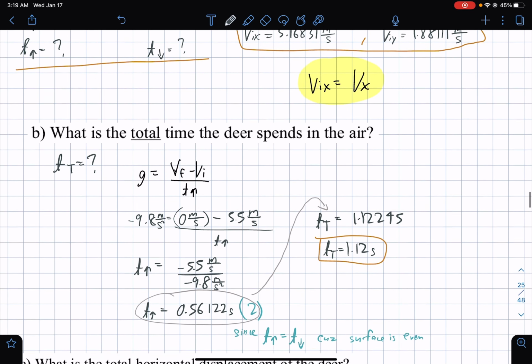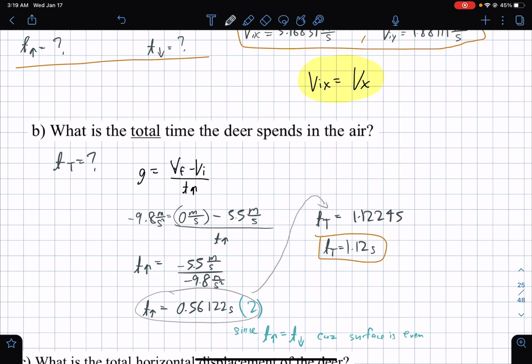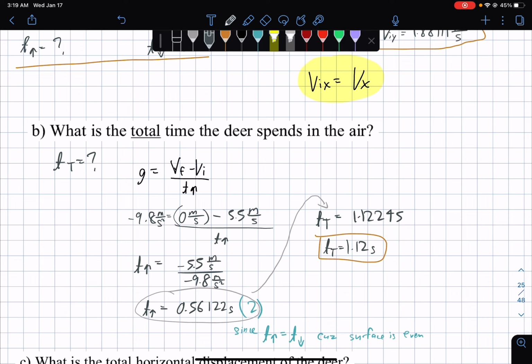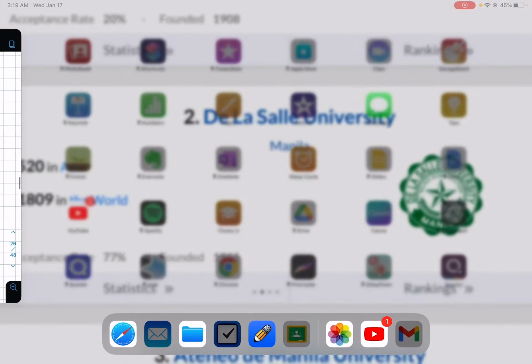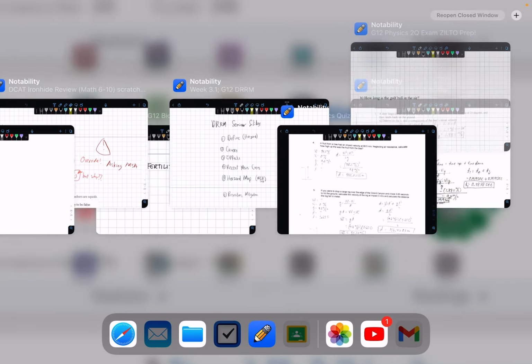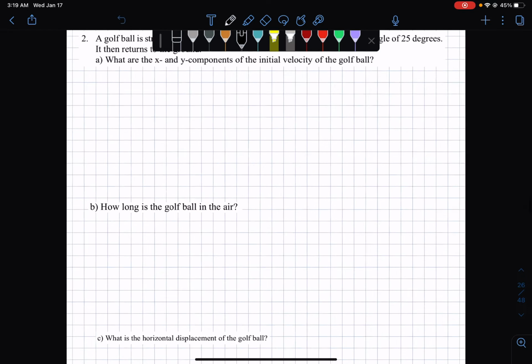Apparently there's a difference between VI and VIY. For some reason, we don't use VI anymore, what we started with. What the heck is wrong with this? Yeah, it's lagging. When am I getting a new unit?